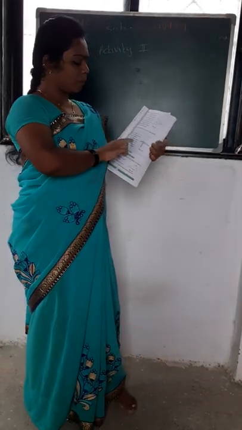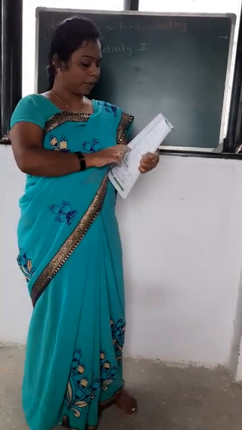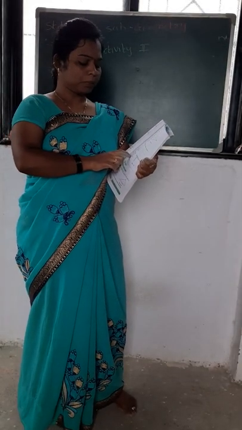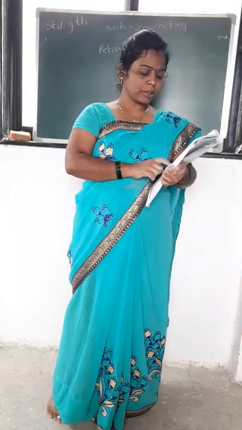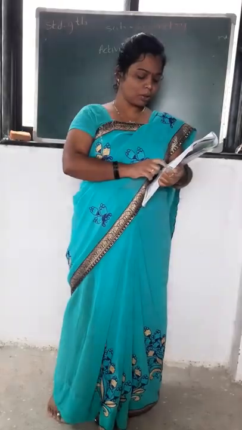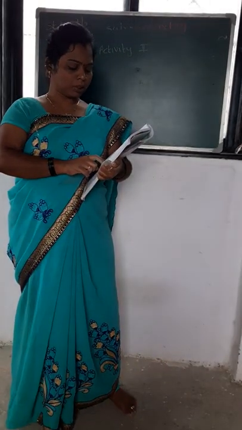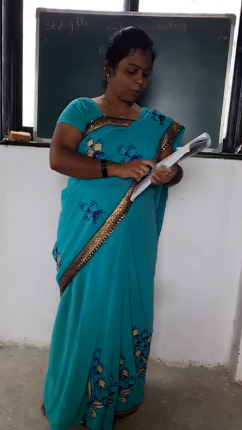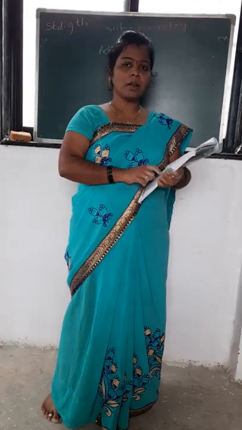Now take a pencil and try to balance the triangle on the flat tip of the pencil. The triangle is balanced only when the point G is on the flat tip of the pencil.